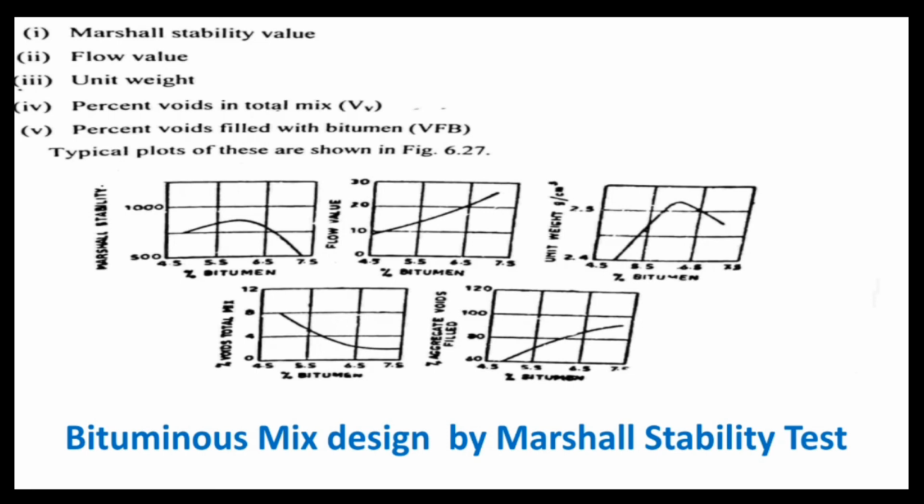B3 is the bitumen content found at the percentage volume of air voids at 4%; the corresponding bitumen content has to be taken as B3. So adding the values of B1, B2 and B3 and taking the average, that is B1 plus B2 plus B3 divided by 3, will give us the optimum bitumen content.